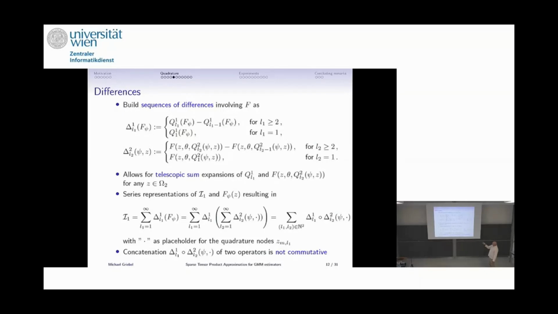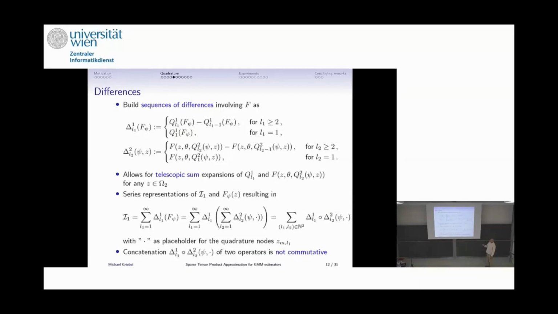Here is the inner quadrature, and the difference is out of the f. So the f makes it nonlinear, of course. But these are the two differences, and this allows for sequences of difference. This allows, as usual, for a series expansion in a telescopic sum of the two integrals.